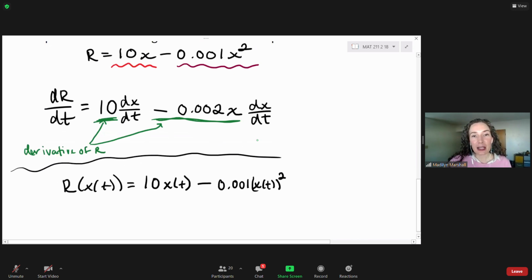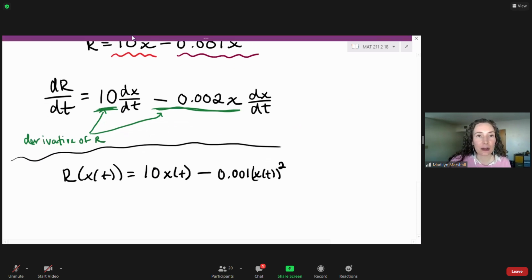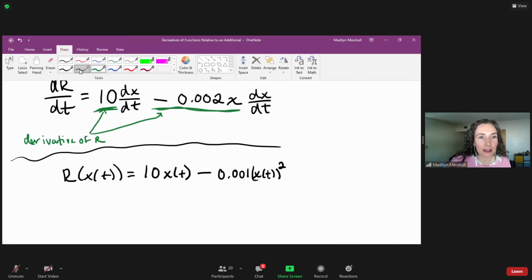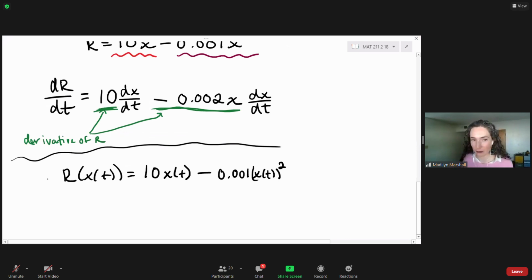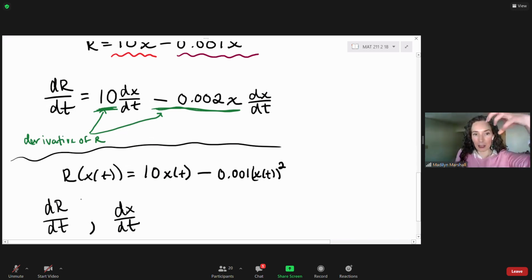I also want to make a little note about notation. dr dt and dx dt are whole parts.